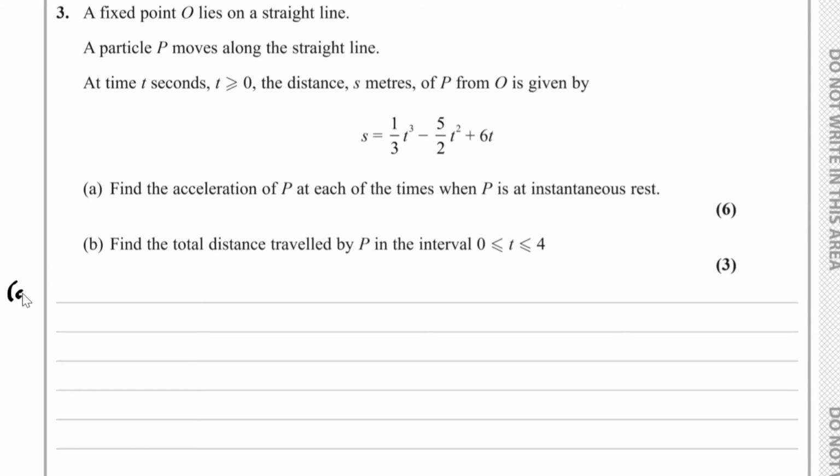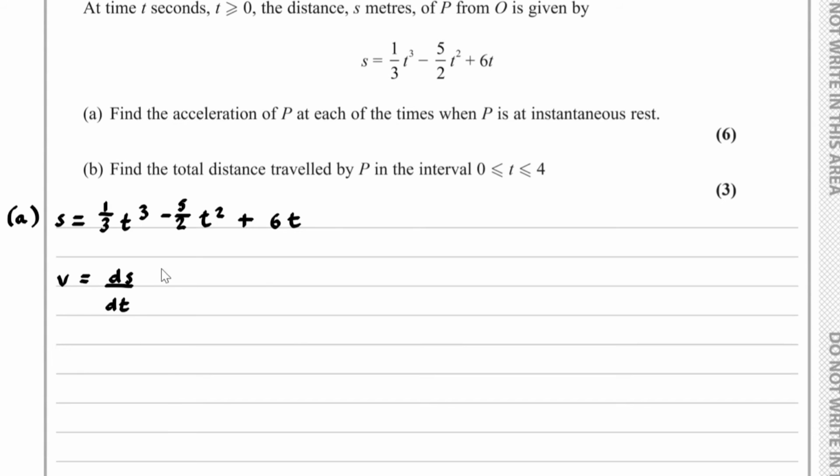So, for part A, s is equal to one-third t cubed subtract 5/2 t squared plus 6t. And so v is equal to ds over dt.